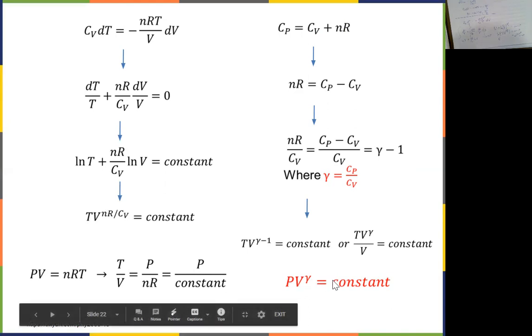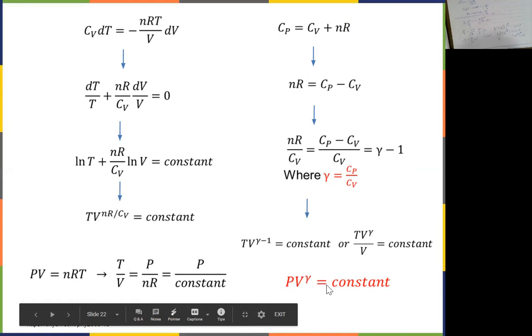Okay, so this is the equation you can write for an adiabatic process. In addition to the ideal gas law, for an adiabatic process, PV to the gamma is equal to constant.